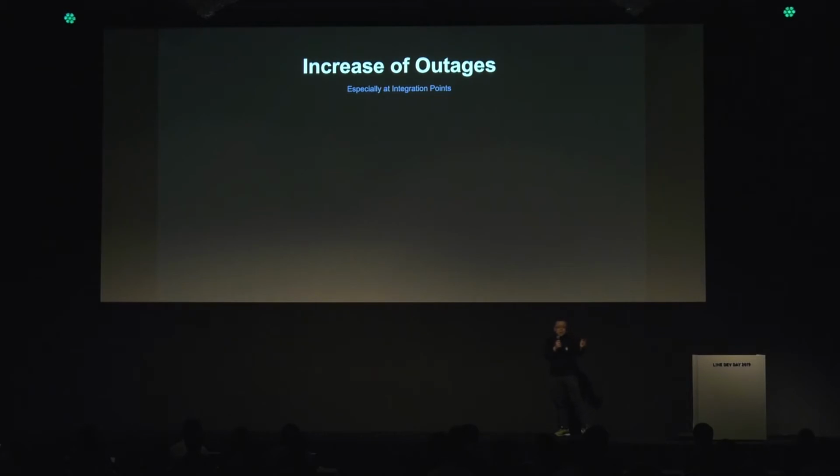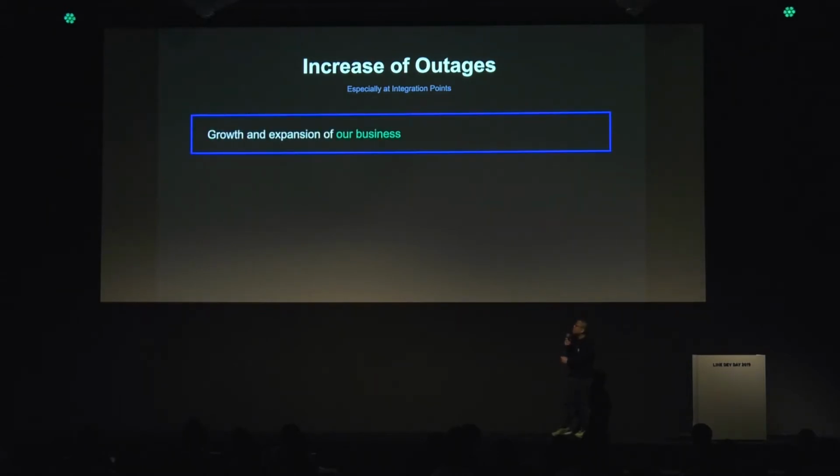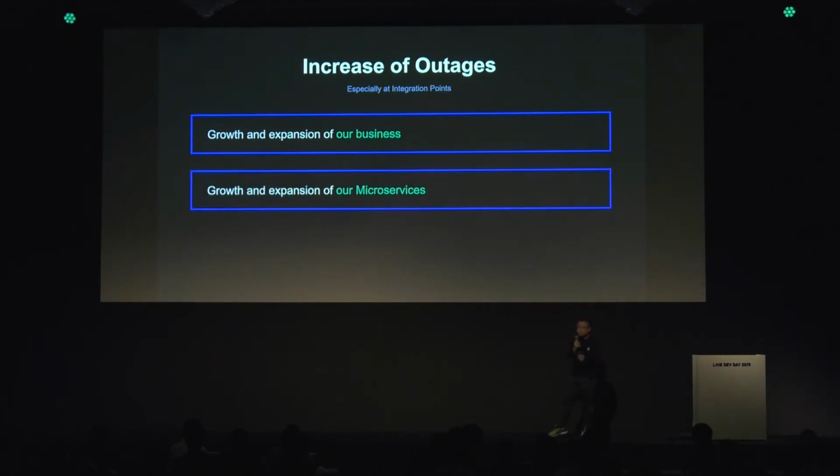With this many microservices running, there are outages happening, which might be transparent to you, but outages are actually happening. And actually, outages are increasing these days. One reason is our business is growing and expanding. That is the first reason for the increase of outages.